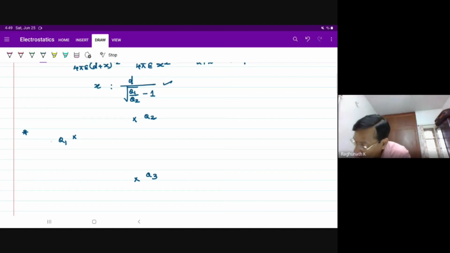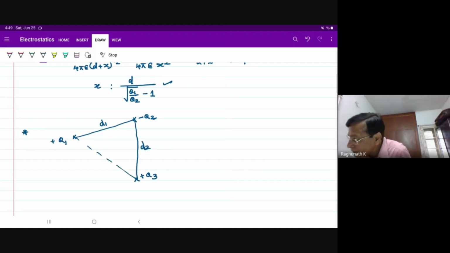I will say it is plus Q1, minus Q2, plus Q3, kept at the positions indicated. And there is one distance D1, another distance D2, and another distance D3.